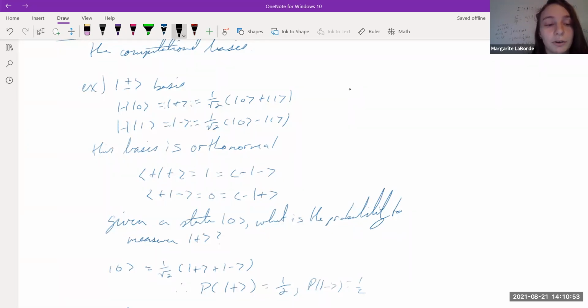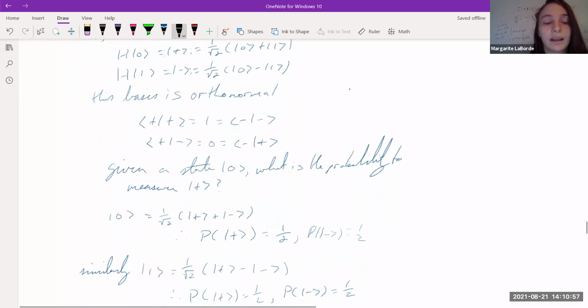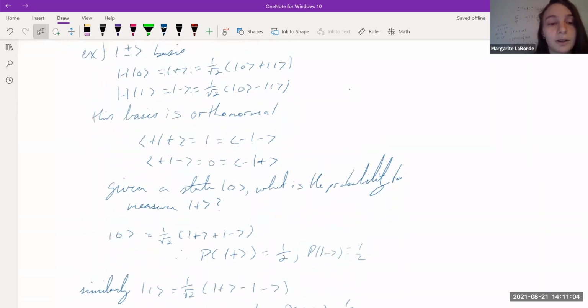And then Hadamard on 1 gives you minus, where you get this minus sign here. And you can check very quickly that this basis is orthonormal. So if you take the inner product of plus with plus, you'll get back 1. Same thing with minus and minus. But if you take the inner product mismatched, you'll get 0.